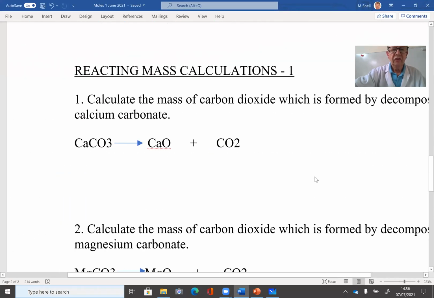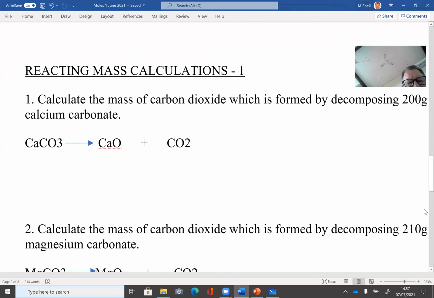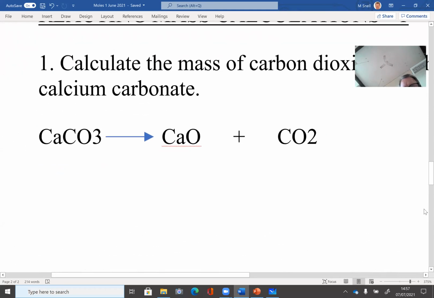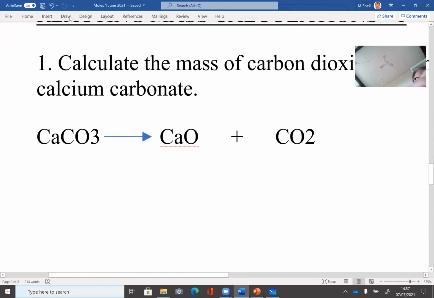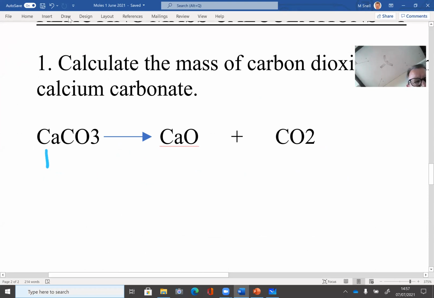Okay. So this is the question. Here it is. It says by decomposing 200 grams of calcium carbonate. So I'm only interested really in this equation here. And the way I do it is I use some boxes which help me construct my ideas.